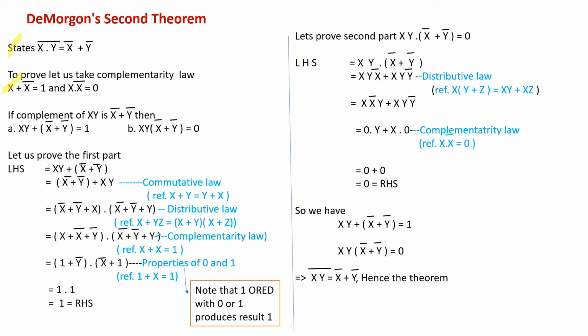We know from De Morgan's second theorem that the complement of xy is nothing but x complement or y complement. So we are going to replace that in the complementarity law, where x is replaced by xy and the complement of x is replaced with x complement or y complement, and we get two expressions a and b as given here.